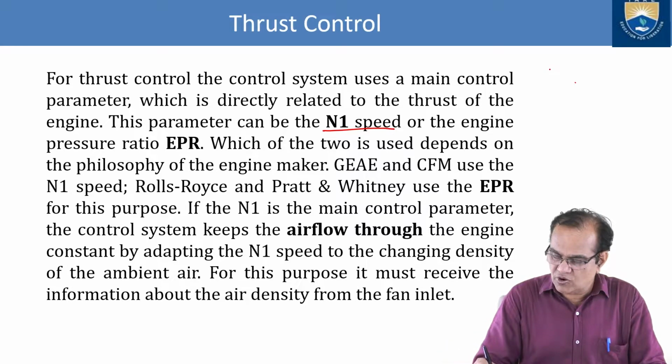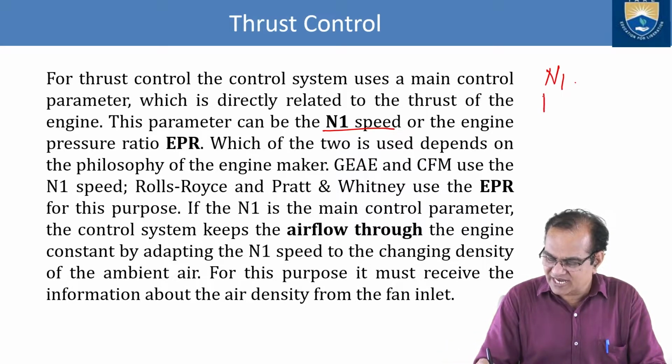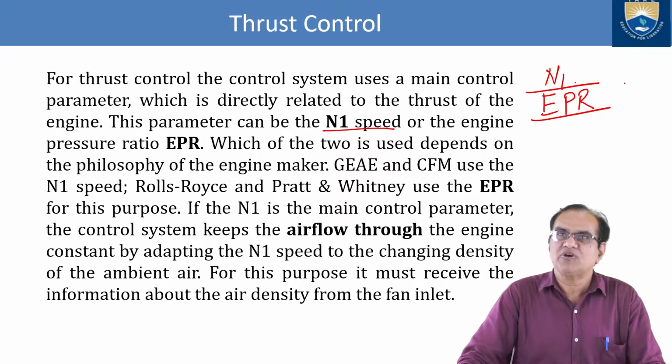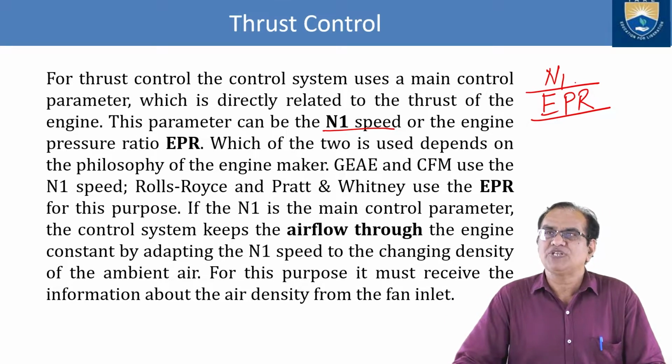So either you take N1, or the second is engine pressure ratio, how much pressure is generated from one stage to another. Which of the two is used depends upon the philosophy of the engine maker. GE, AE and CFM use the N1 speed. Rolls-Royce and Pratt and Whitney use the EPR.